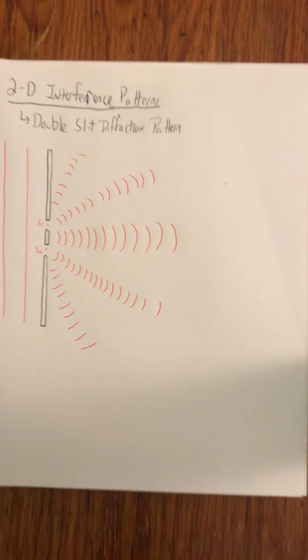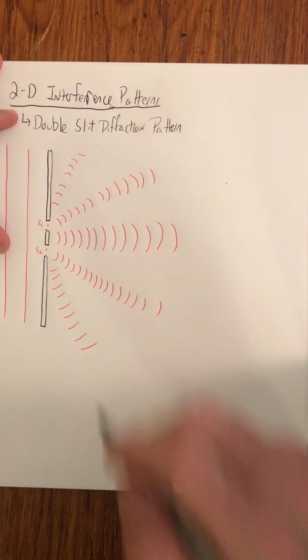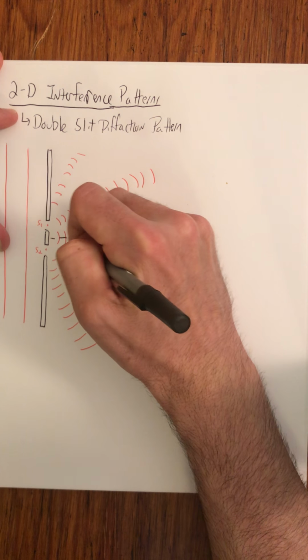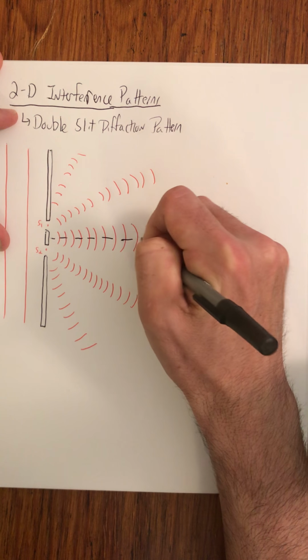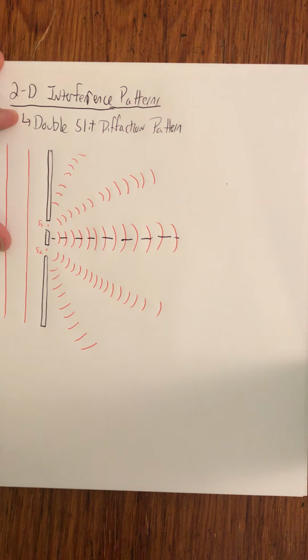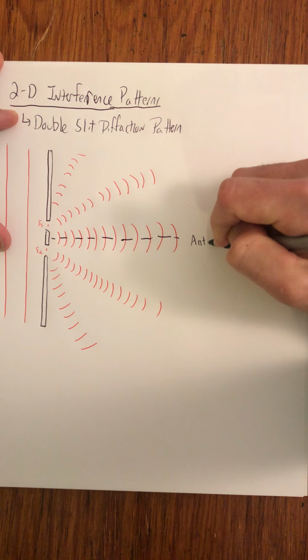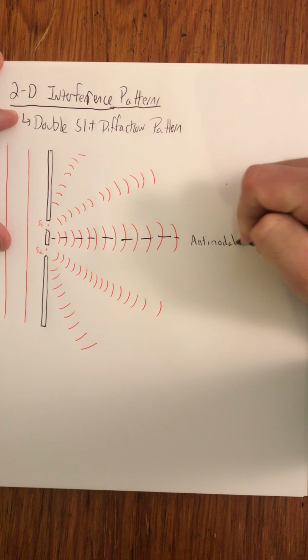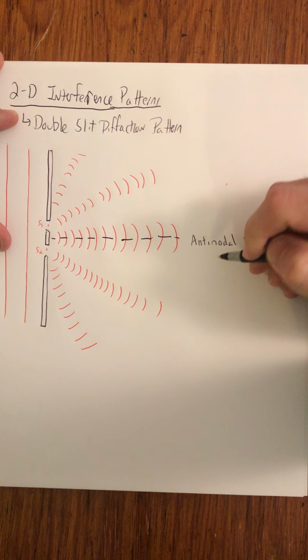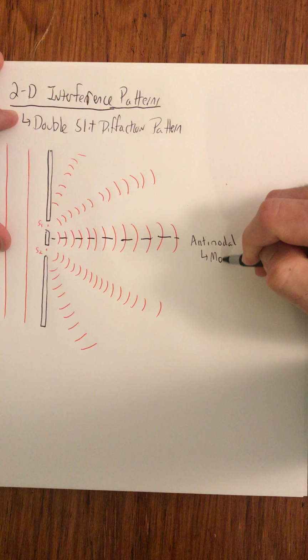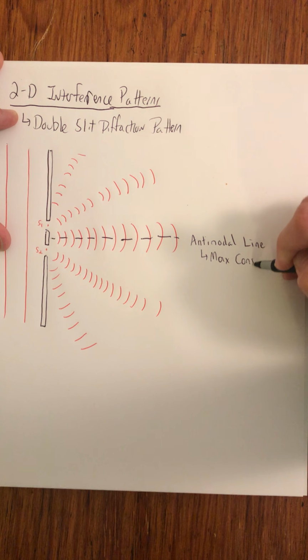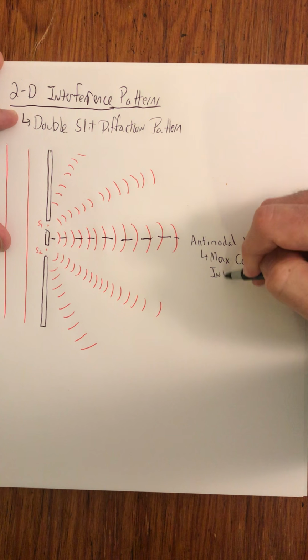So let's get some names down and talk about what's happening here. This here, we said where we saw the waves happen was an antinodal line. And an antinodal line is where we're getting max constructive interference.